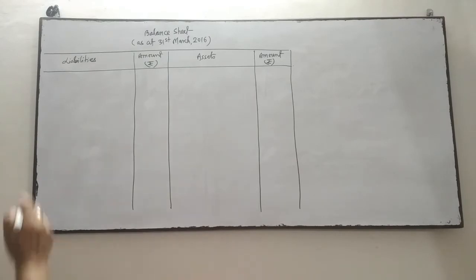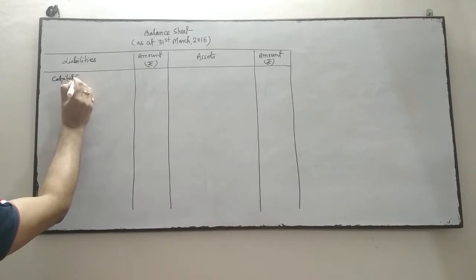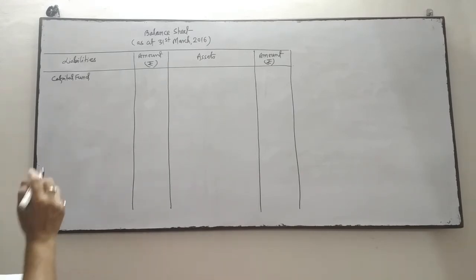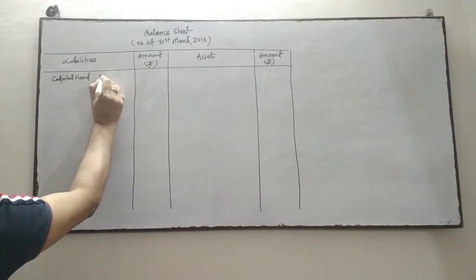First, you have to write the capital fund, which you have already calculated by preparing the opening balance sheet. The opening capital fund is 1,37,500.